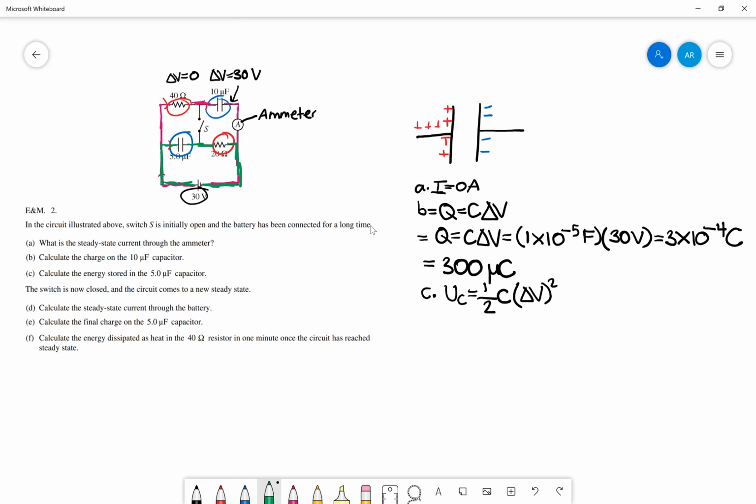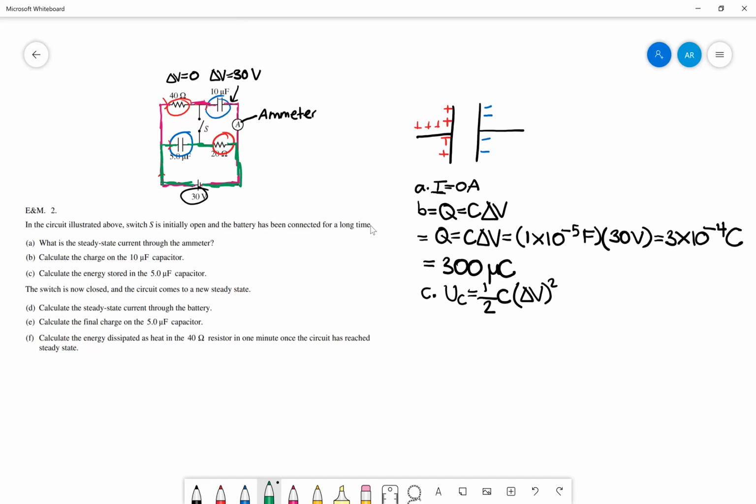The charges lose some of that energy by going on the capacitor and creating a potential difference there, and going through the resistor, which dissipates energy as heat. So in order for all the energy to be accounted for, the sum of the voltages has to be equal to 0.